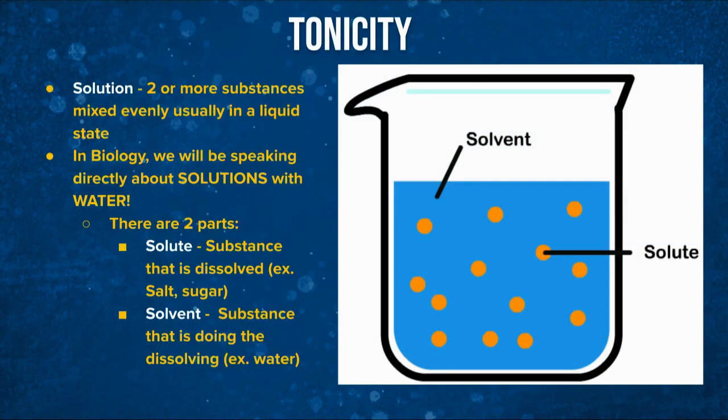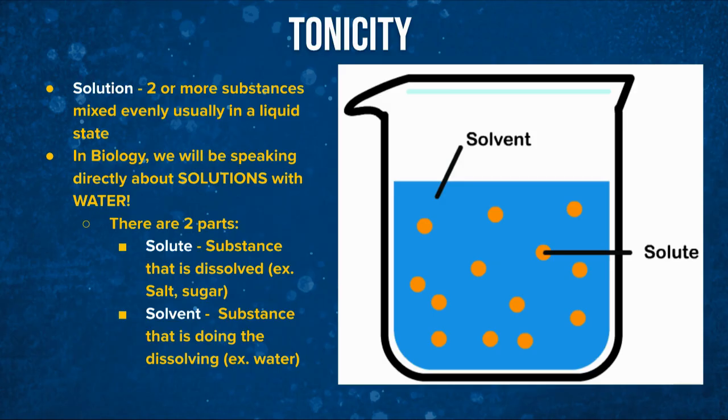Since we are talking about particles moving across the cell membrane, it's important that we take a moment to talk about tonicity. And tonicity has to do with solutions, so we need to know what solutions are. A solution is simply two or more substances that have been mixed evenly within a liquid.